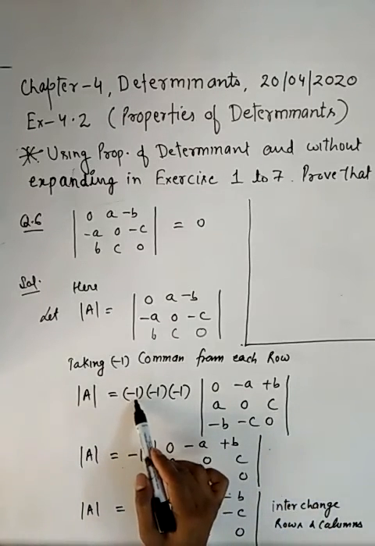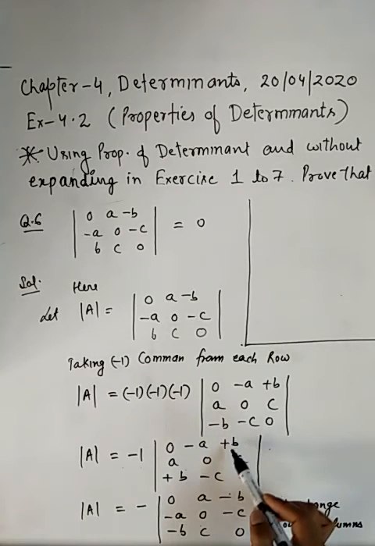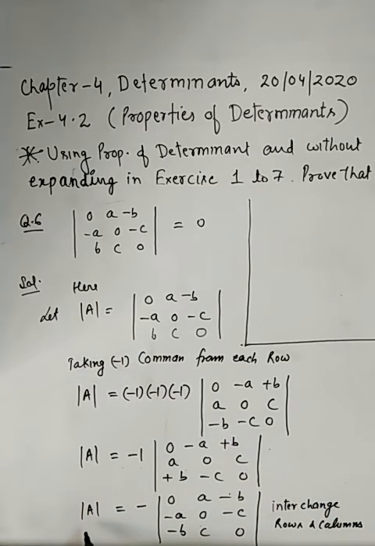So when we take minus 1 common from here, so 0, minus A, and this is plus B. Now here minus 1 remains as it is, and now in this we interchange rows and columns. So 0, minus A, plus B, B, minus C, 0.